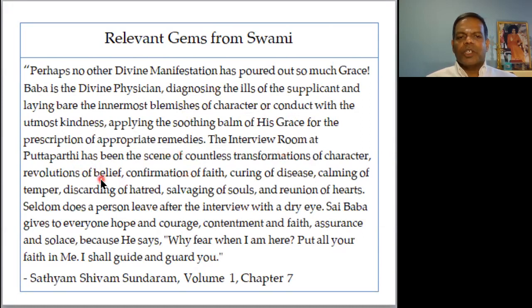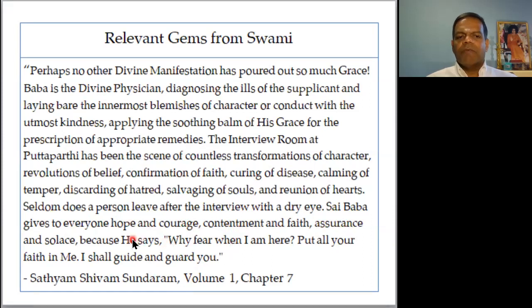The interview room at Puttaparthi has become the scene of countless transformations of character, revolutions of belief, confirmation of faith, curing of disease, calming of temper, discarding of hatred, salvaging of souls, and reunion of hearts. Seldom does a person leave after the interview with a dry eye.